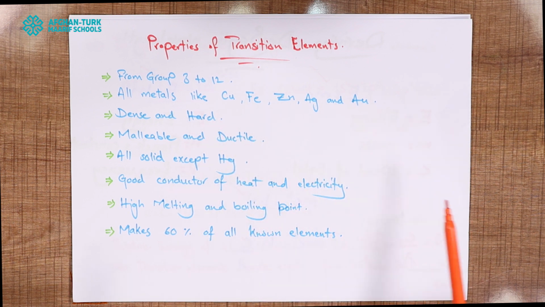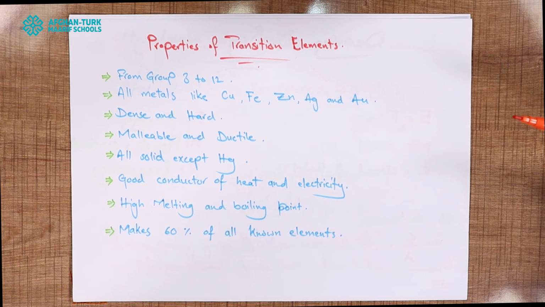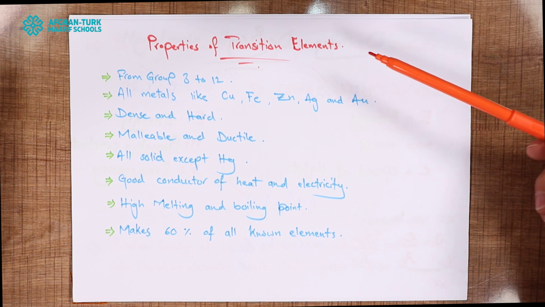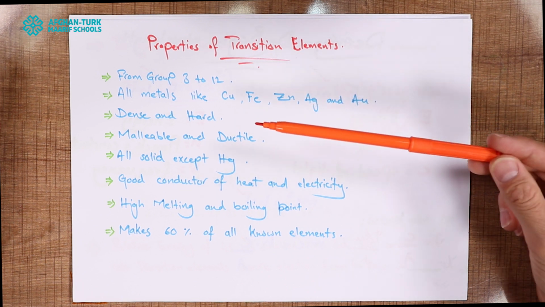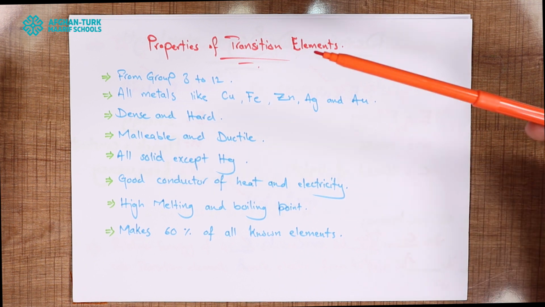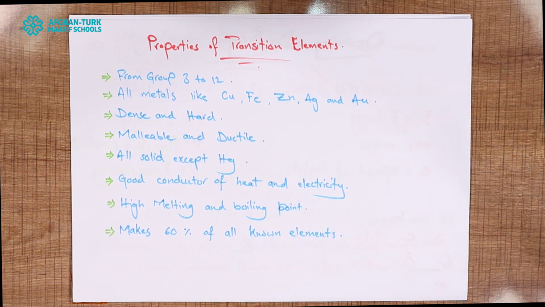These metals are located in the transition elements or the D block of the periodic table. And the third property: as we know that metals are dense and hard, all the transition elements, maybe with some exceptions, normally are dense, their density is very high and they are very hard.